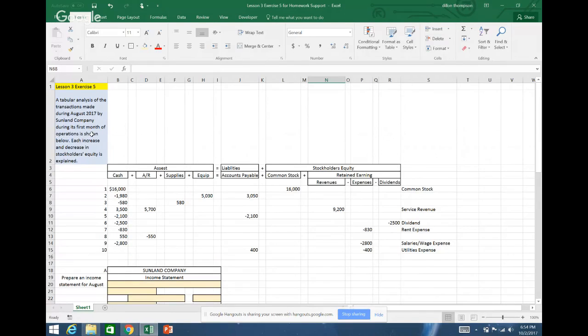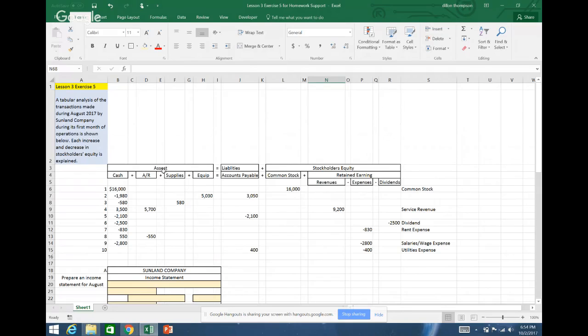It says a tabular analysis of the transactions made during August 2017 by Sunman Company during the first month of operations is shown below. Each increase and decrease in stockholders' equity is explained. And it's over here on this right-hand side. So what I did, this is all information from the actual question in Wiley Plus.